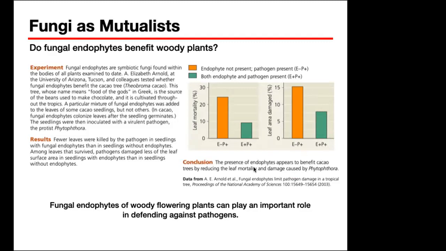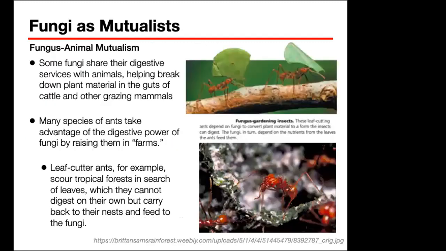So the conclusion here says that fungal endophytes, particularly of this woody flowering plant, play an important role not only in nutrient uptake, not only in deterring herbivores, but also in defending against plant pathogens. So there are a lot of benefits that this mutualistic relationship between fungi and photosynthetic organisms, in this case a plant, confers. Okay? So that's for fungus-plant mutualism.